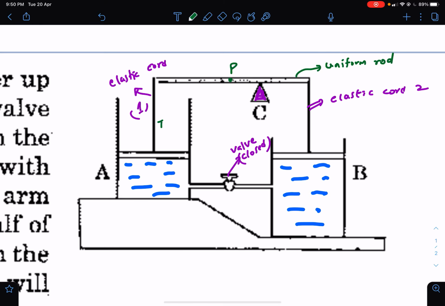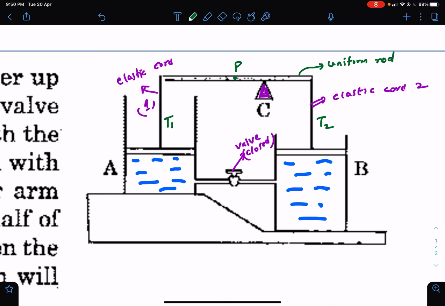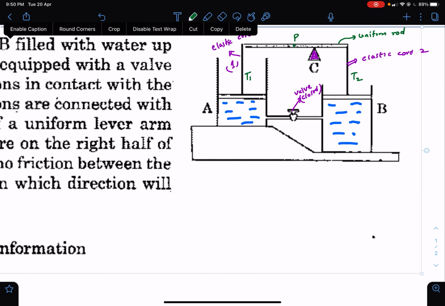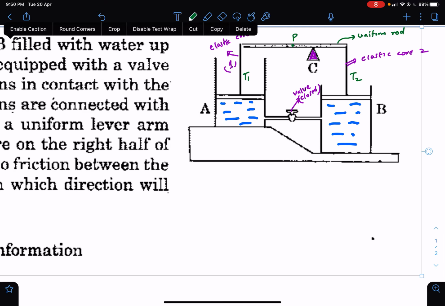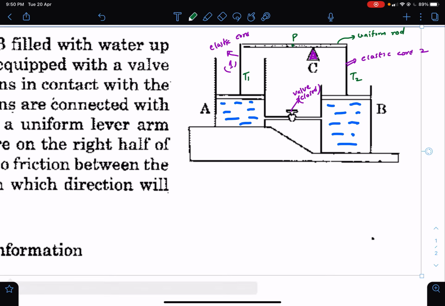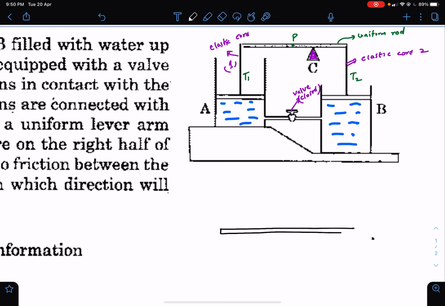Now there is some tension T1 in the left elastic cord and tension T2 in the right, in equilibrium. Now the tensions are different definitely. Why the tensions are different is because initially it is in equilibrium and the rod is not rotating. This uniform rod can rotate about C, but it is not rotating.